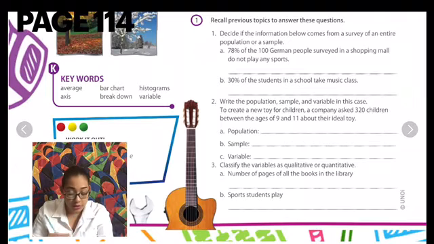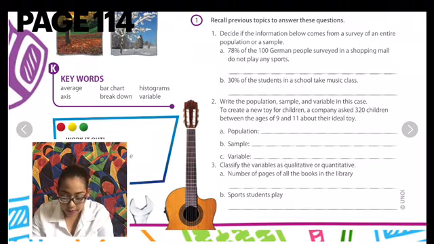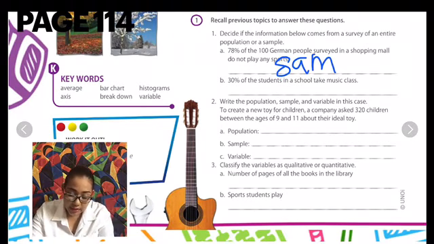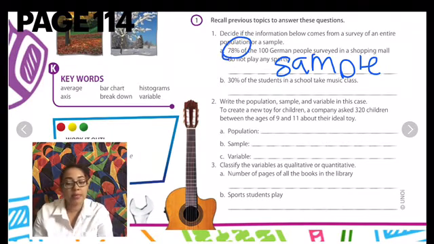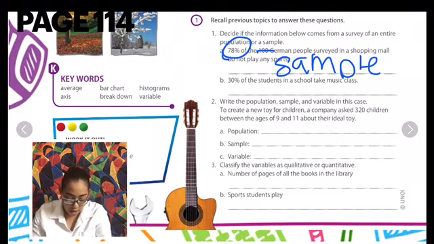According to my answers, on number 1, letter A, it is a sample. Why? Because they're telling you that 78% out of 100 are going to be surveyed. So that means it's a sample.